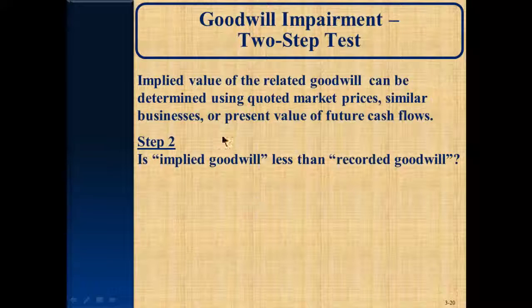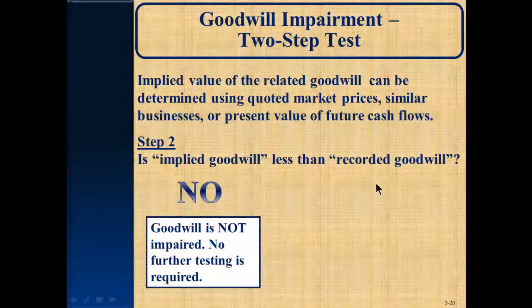They're saying use quoted market price, similar business, or present value of future cash flows. That's the one I talked about. That's the most common. And so, is that implied value less than the recorded goodwill, again, what you're keeping in your legacy file as your goodwill amount?